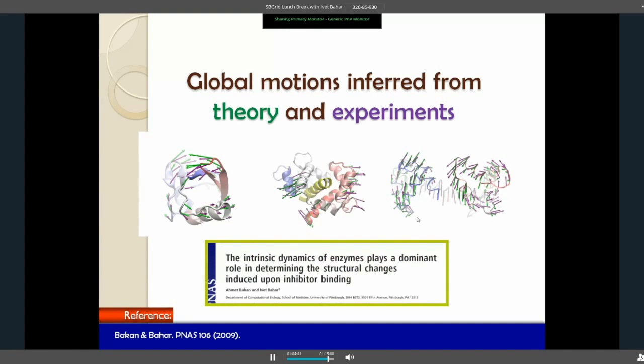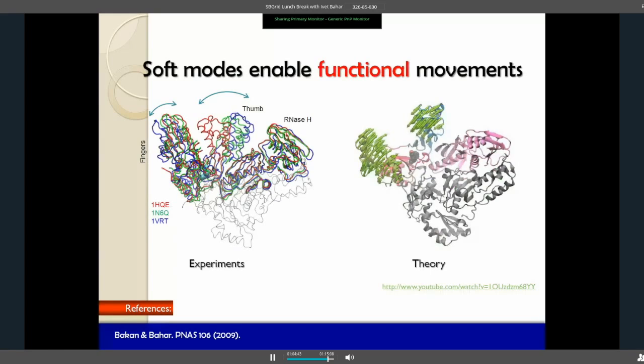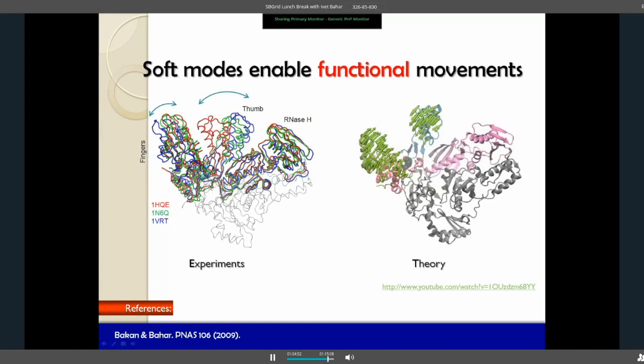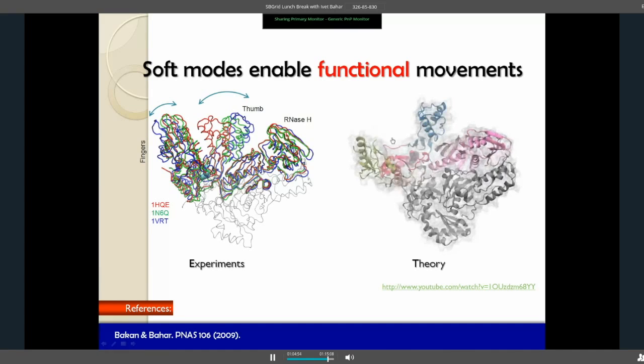It's possible to then compare the two. And here is again a comparison. You can see the structure here, and the first mode of motion that's predicted by both experiments and simulations.